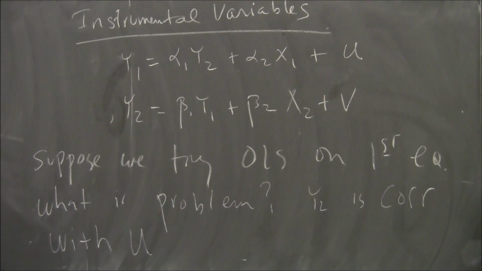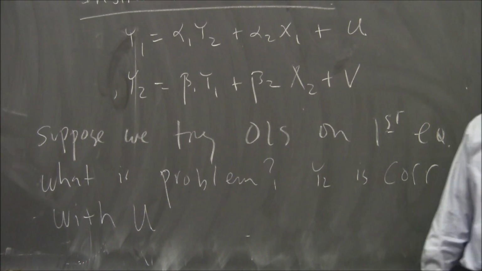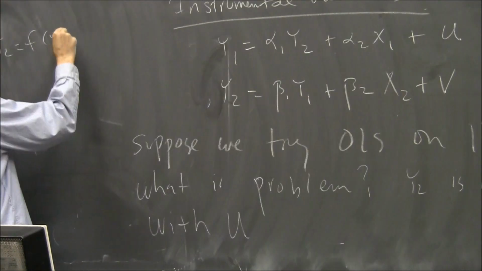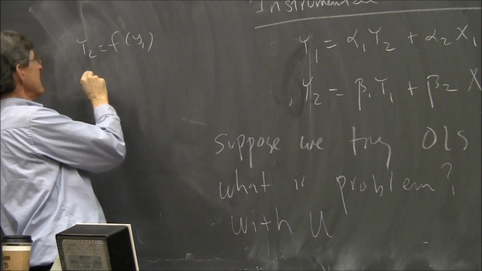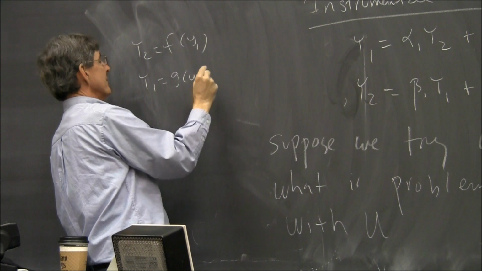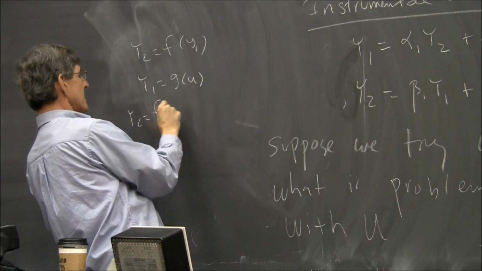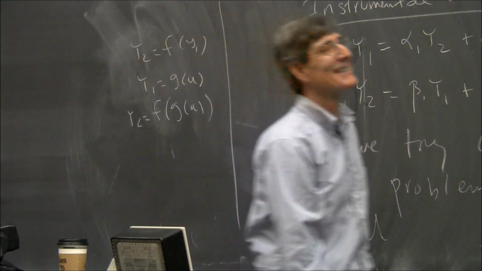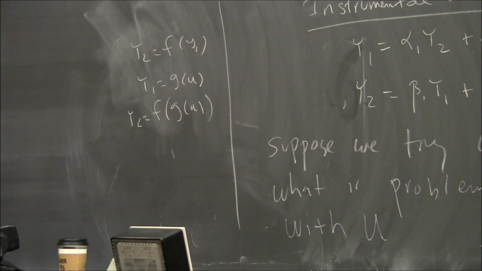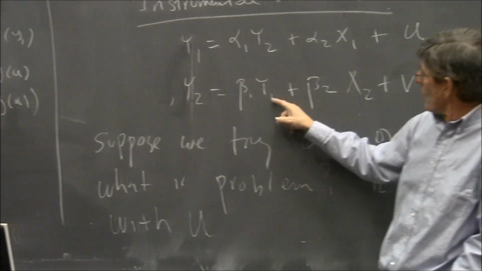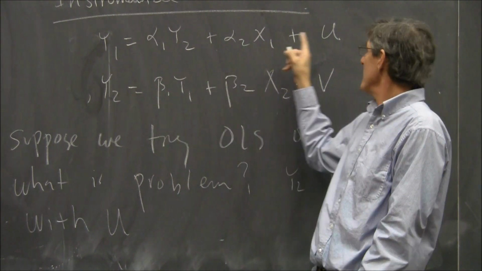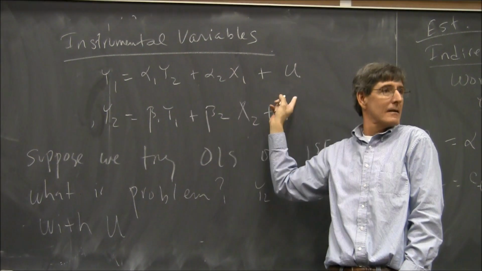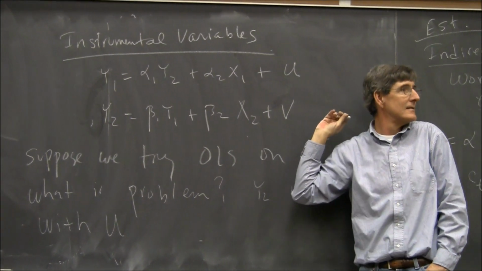How do we know that? Because this equation tells us that y2 is a function of y1, and this equation tells us that y1 is a function of u. So it must be that y2 is some function of u. Maybe that's too mathematical. In words, y1's in y2, and u's in y1. So u must be in y2. If u's in there, it's correlated. It's a simultaneity.